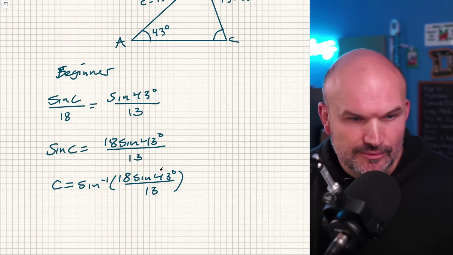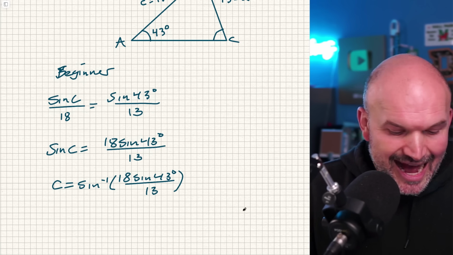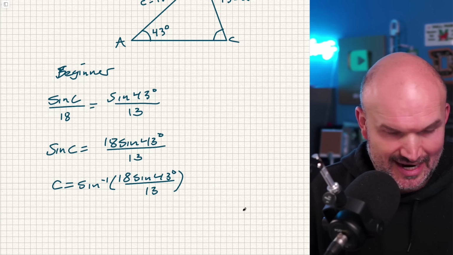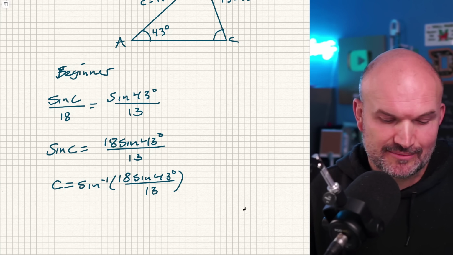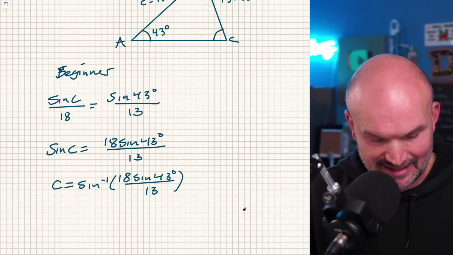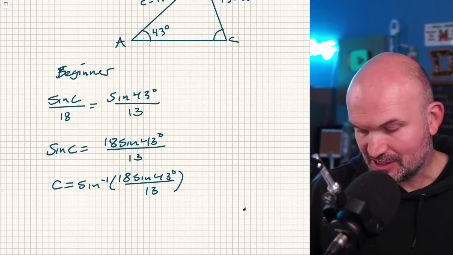Now, make sure when you're working with the calculator that you do have the correct mode, that it is going to be in degree mode. I do not like to type in things all together. I don't know, it's through habit. I like to type in things individually. So first thing I'm doing is typing 18 times sine of 43 degrees. Then I take that answer divided by 13, and then I take the sine inverse of that answer.